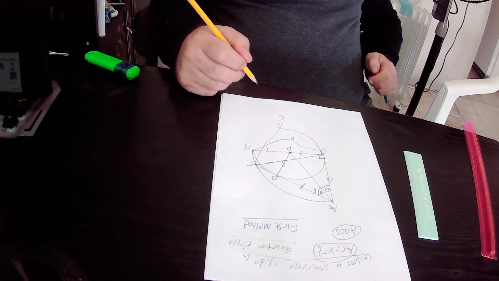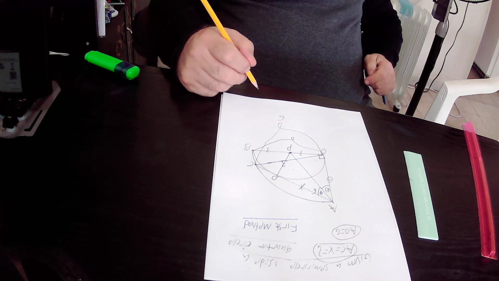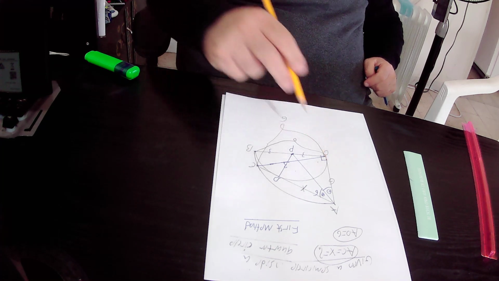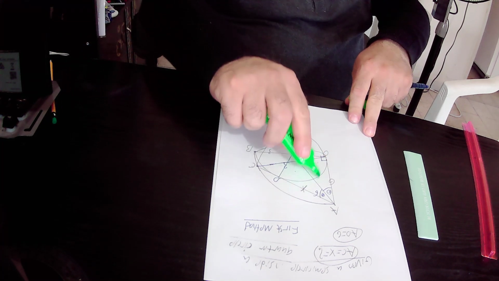So, in the next step, we will implement the law of cosines in triangle AOC. The green triangle, triangle AOC.